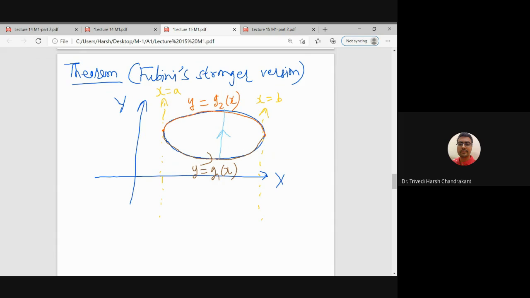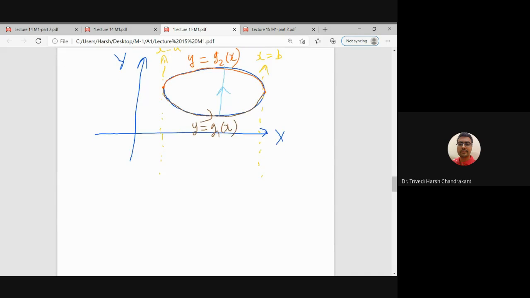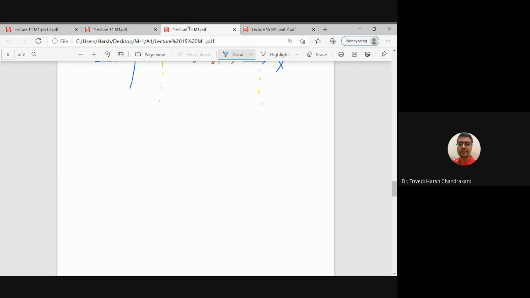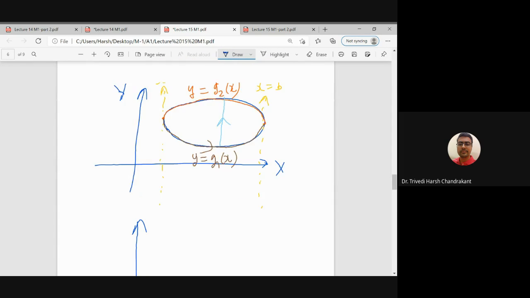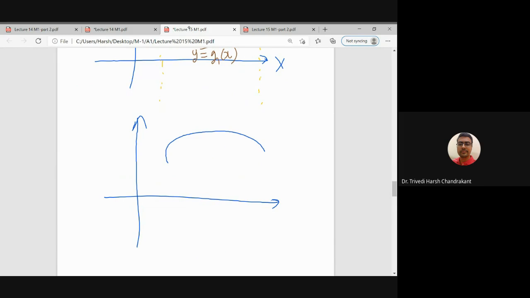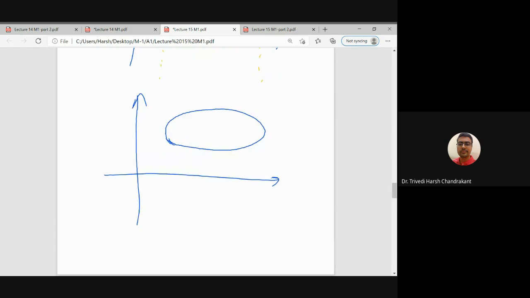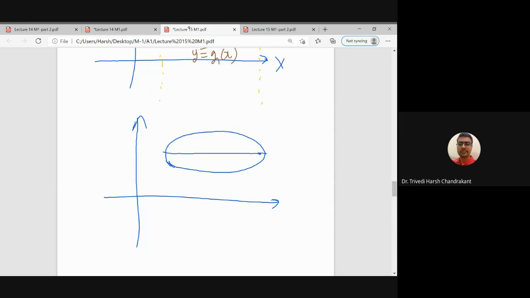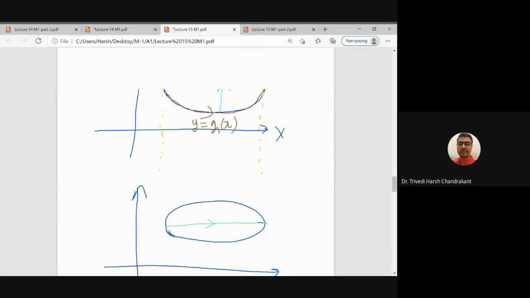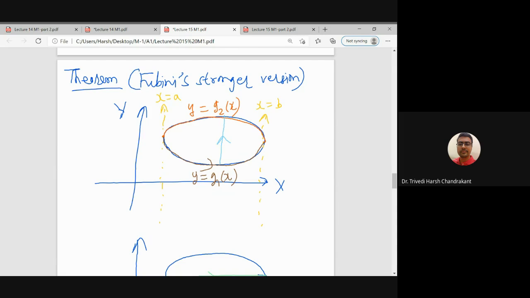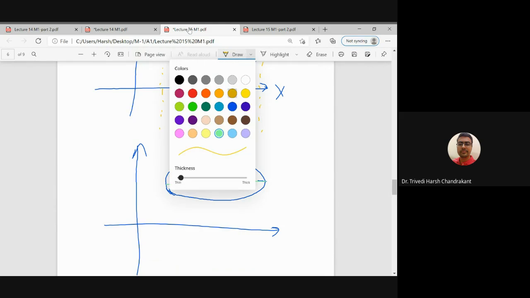Suppose we want to divide the region along the x-axis. Then what happens? Let us see that. Again, we have the same region R, which we want to divide along the x-axis. Here earlier we found two constant values of x, but now we will find two constant values of y.